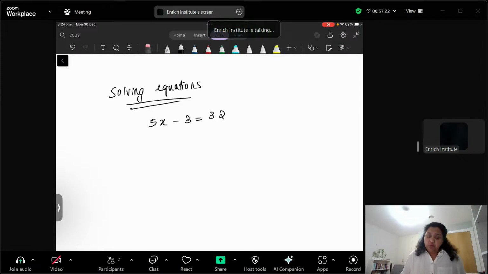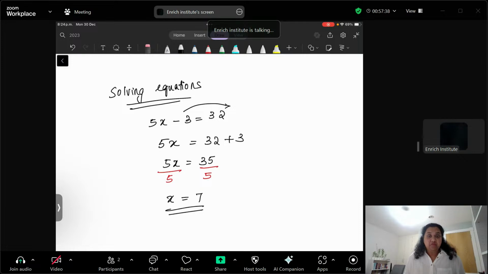So what you do is keep all the x on the left side, 5x, and bring all the numbers to the right hand side. So this will be equal to 32 plus 3. So 5x is equal to 35. And then you divide by 5 so that you can isolate x. So x is equal to 7. Very simple form of linear equation.